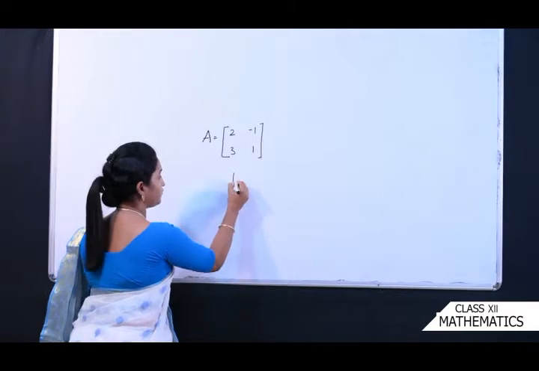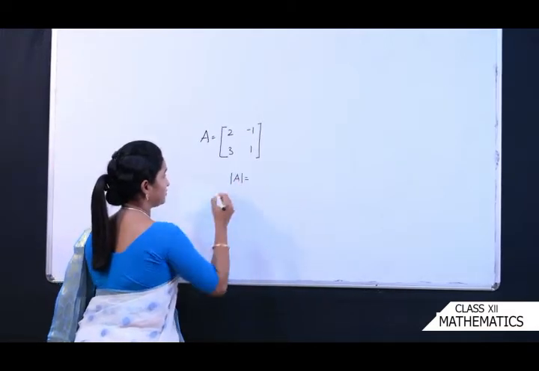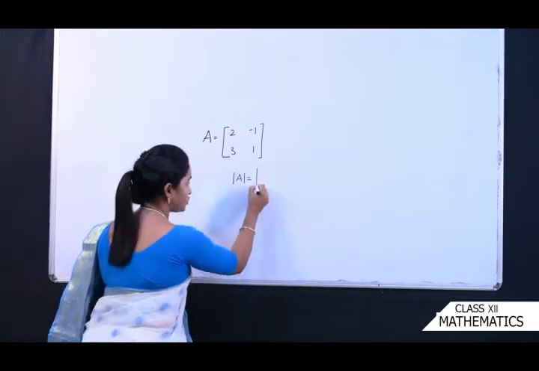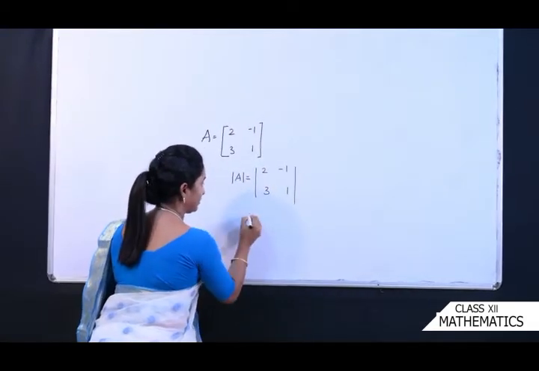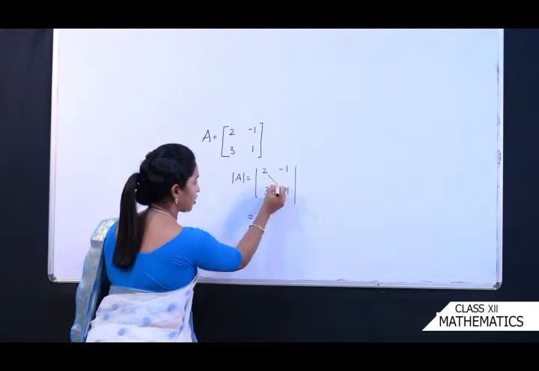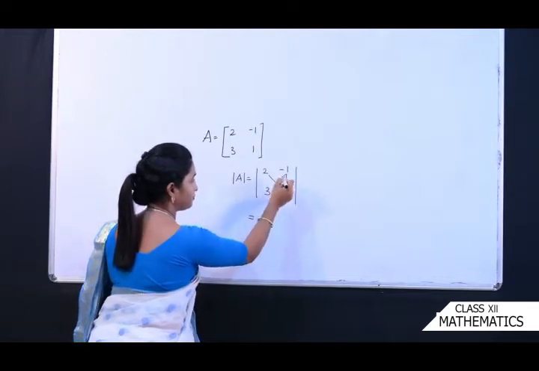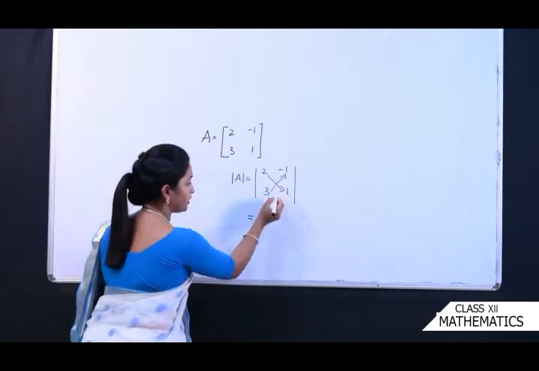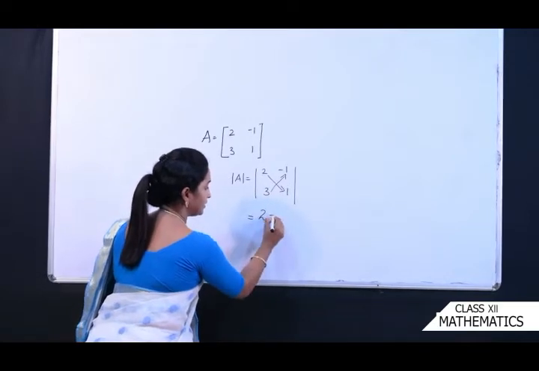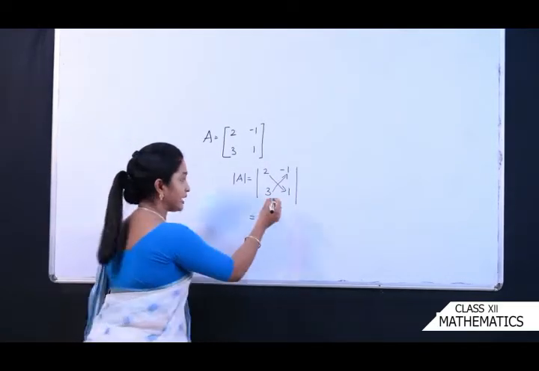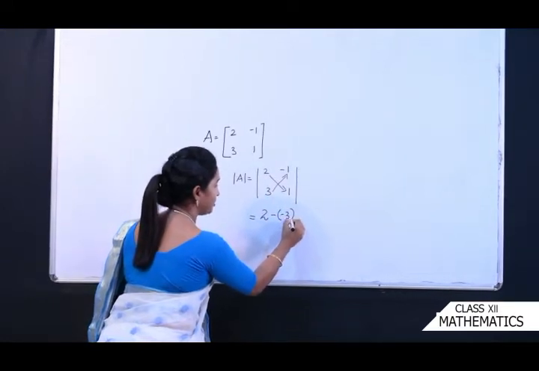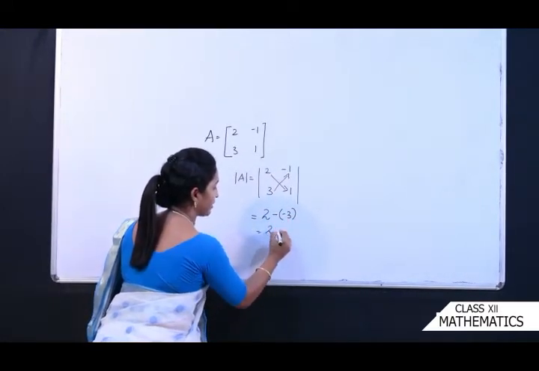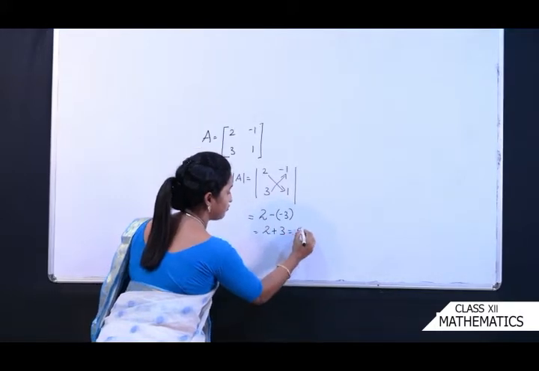If you want to find the determinant of this matrix, first you will write it down like this, and then you have to simply cross multiply and put a minus sign. That means 2 into 1 is 2. The middle sign is always minus, and then minus 1 into 3 is again minus 3. So what you got finally? 2 minus minus 3, that is plus 3, and that equals 5.